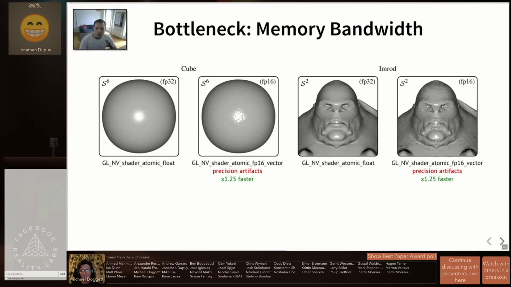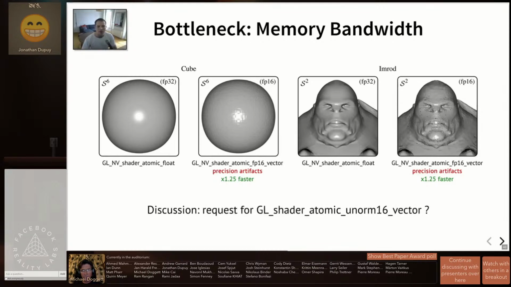Obviously, floating point can't be used, but maybe this is a discussion we can have in the paper. Maybe it would be useful to have a GLSL extension that allows computing normalized 16-bit integers atomically, so we could actually store our vertex buffer at 16-bit precision rather than 32.